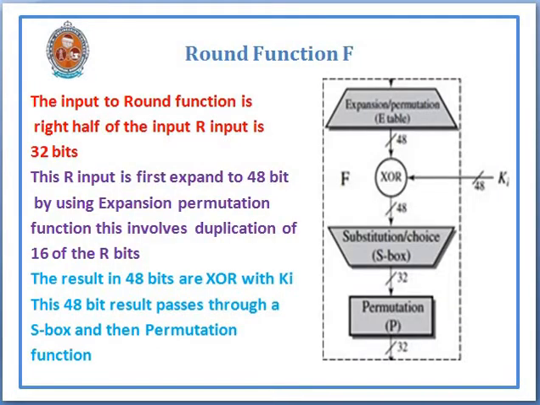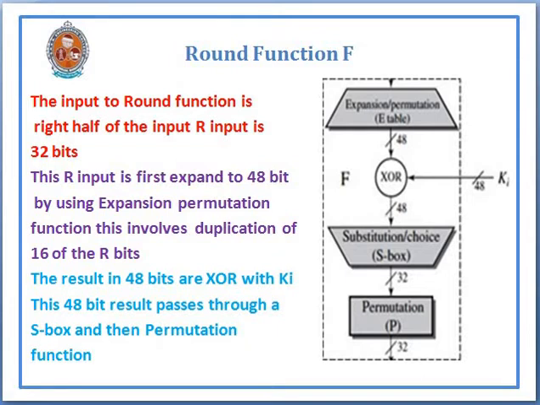Now let us come to the round function f. The input to the round function is the right half of the input Ri-1 which is of 32 bits. And now the Ri-1 32 bits is first expanded to 48 bits using expansion permutation function. This involves some duplication of 16 bits. The resulting 48 bits are exclusive ORed with Ki.